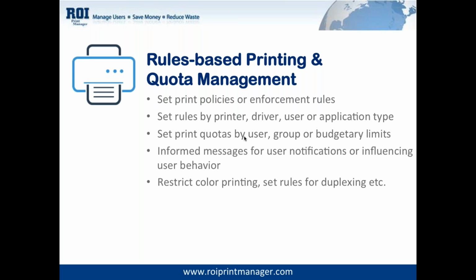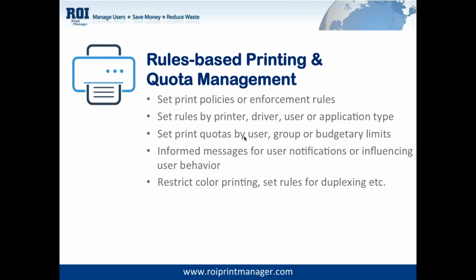A lot of people tend to print out emails. Well, if you want to allow them to do that, you can, but you might choose to set up a rule that says that email printing is always going to be in mono, and is always going to be in duplex, and is only going to be on certain devices that are more cost effective within the organization for that.